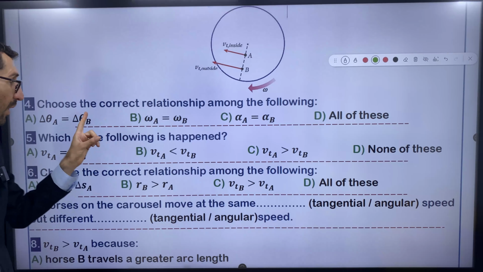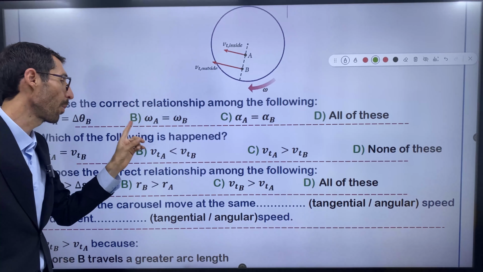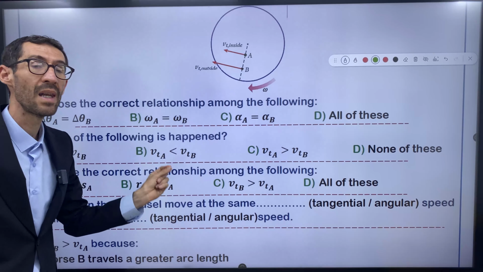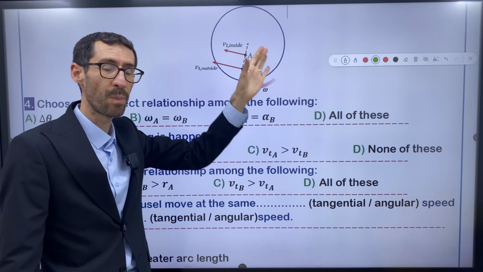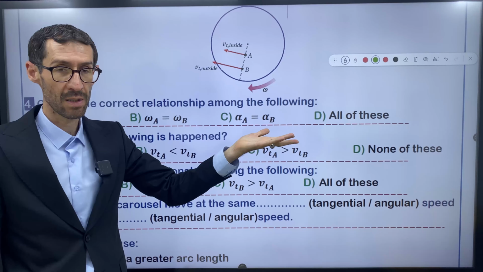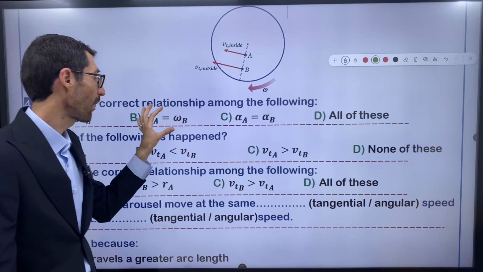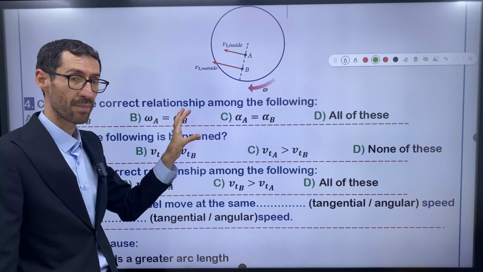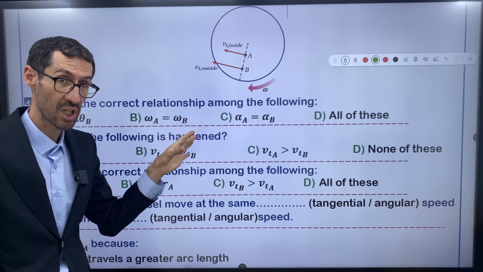There's one number for delta theta of all points, right? What do you say about omega? There's only one number for omega for all points, whether the points are near to the axis of rotation or far, it doesn't matter, right? So we have only one number for omega. What do I mean by one number? It means it's constant. It doesn't change.